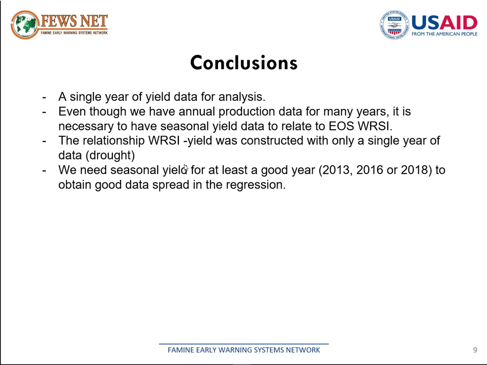The other thing is that 2014 was a drought year according to our WRSI, so that is giving us very low WRSI values. It would be great to have either 2013, 2016, or 2018 seasonal data so that we could complete the model.